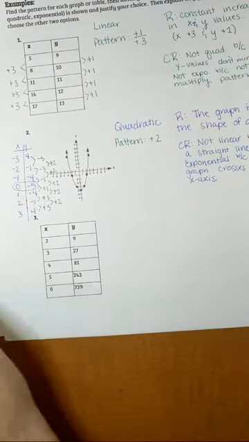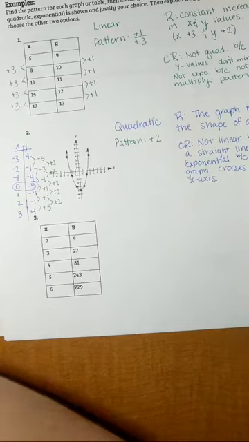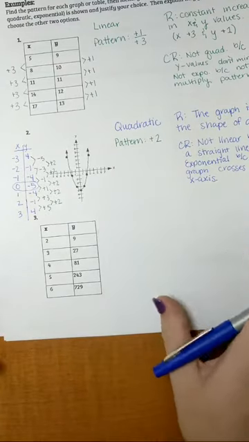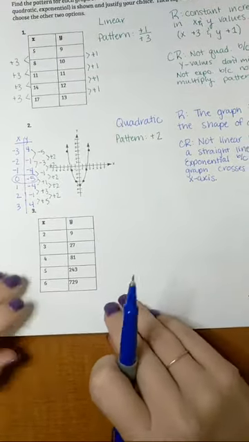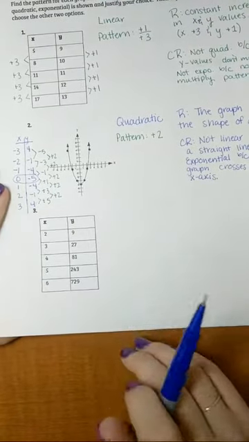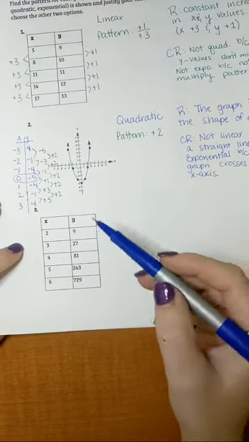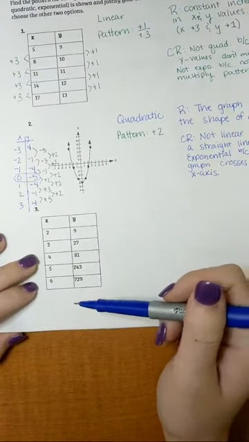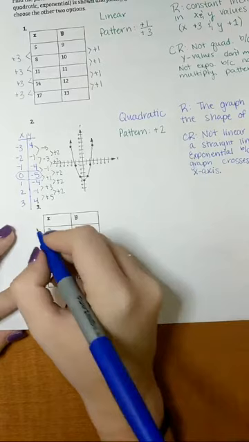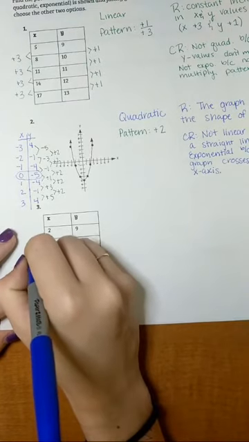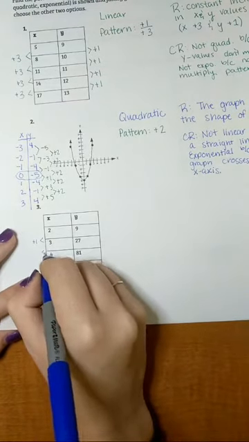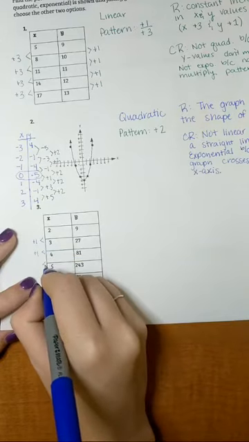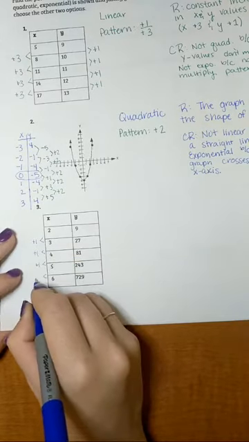Let's move down to number 3. So we're given a table, so it's always best if we assume that it's linear. So here I am adding 1, adding 1, adding 1, and adding 1.